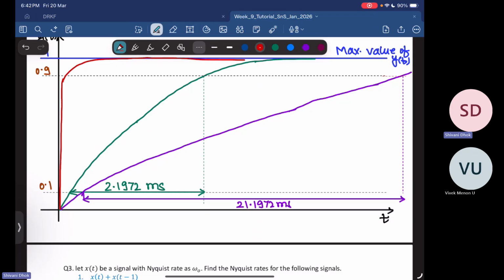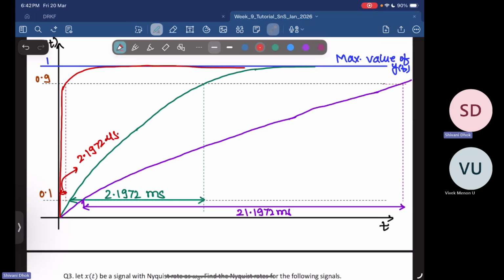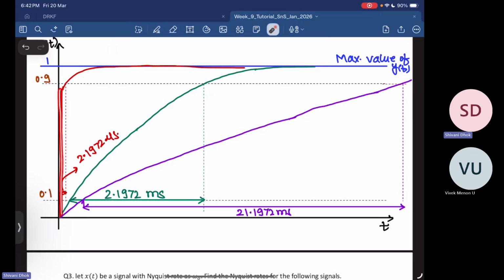So this distance is 2.1972 microseconds. So the rise time for your third system was smallest, so it quickly increased and saturated to the final output value, that is 1. However, for your second combination, it took a lot of time to converge to the final value.